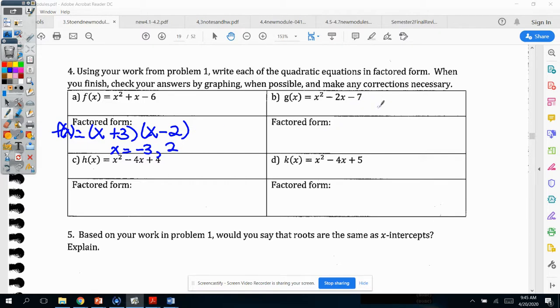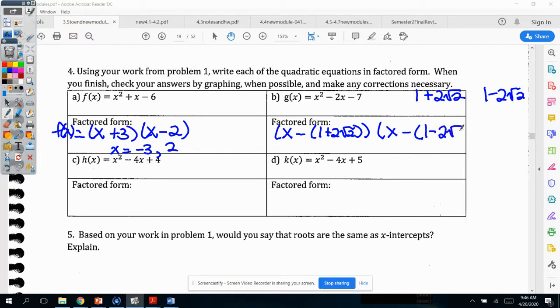Now this one I cannot factor, so I'm going to have to use my work from my last problem, which I already just turned the page on. It was 1 plus 2 root 2 and 1 minus 2 root 2. So I'm going to write this in factored form, which will be x minus parentheses 1 plus 2 root 2 and x minus parentheses 1 minus 2 root 2.